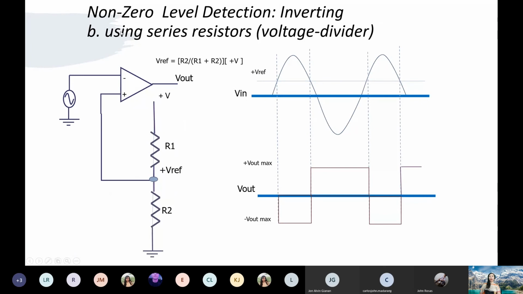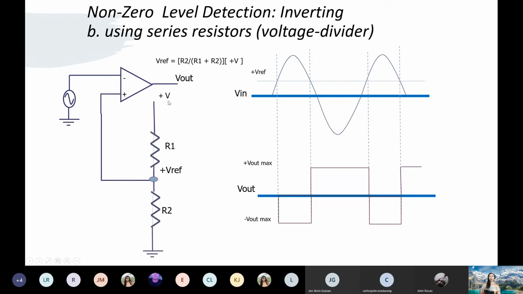Okay, next, another variation. Let's say you have an inverting configuration, but this time using series resistors. Your input voltage is connected at the negative input, but the series resistor arrangement is connected at the positive input. This circuit is an inverting non-zero level detection.